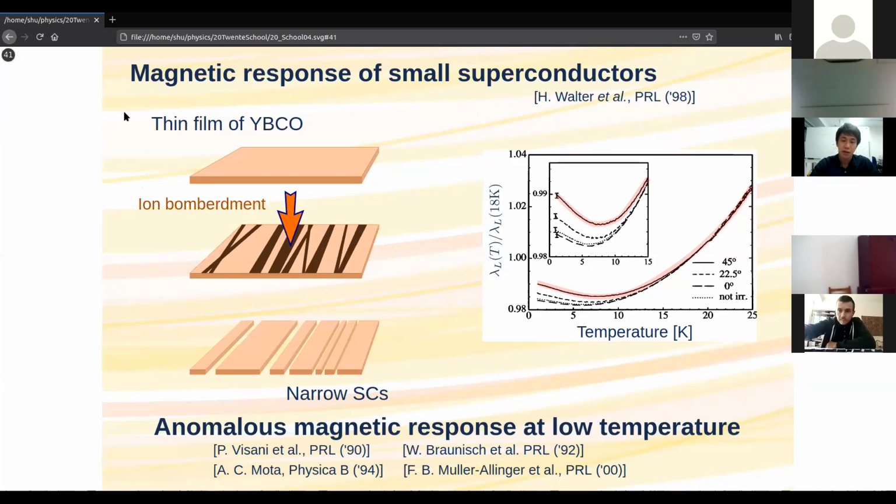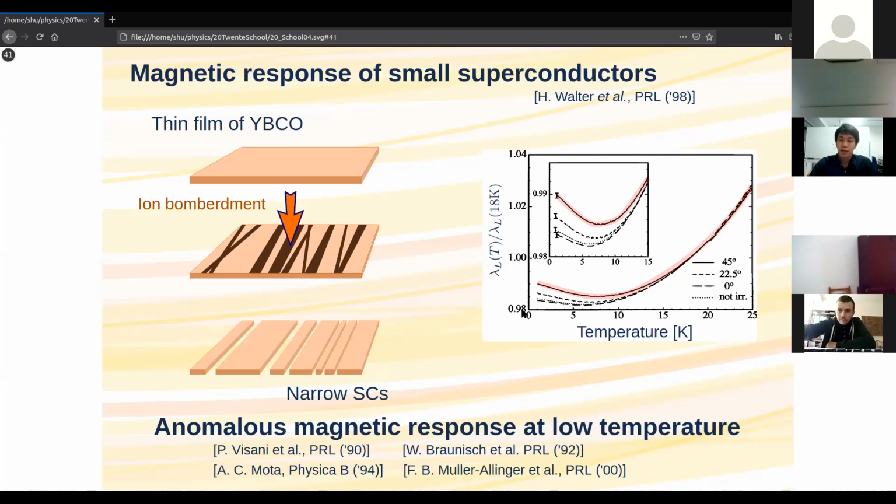They prepared a thin film of YBCO, and using an ion bombardment technique, they cut this film into narrow superconductors. In this case, the surface can dominate the magnetic response. Here, surface means the internal surface introduced by this ion beam.